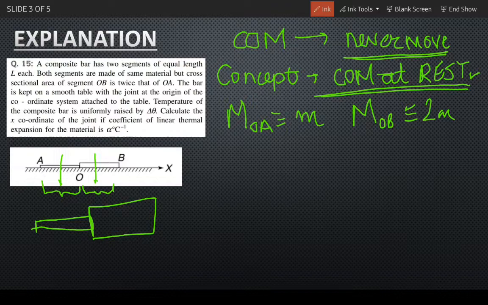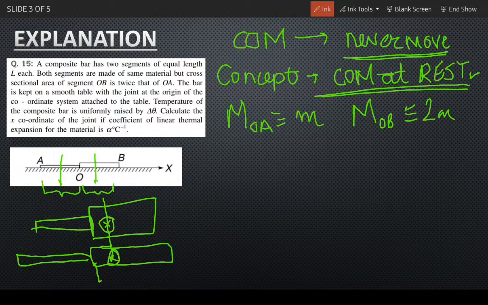As OB has more mass, the center of mass will be over here somewhere. And when the center of mass will not move after expansion, OB rod will become like this, where the center of mass of the system is this, and OA rod will expand. The expansion of OB will also happen over here. This is the same section. I will show you in detail. Original position was this and final position is this. So this expansion will also be counted.